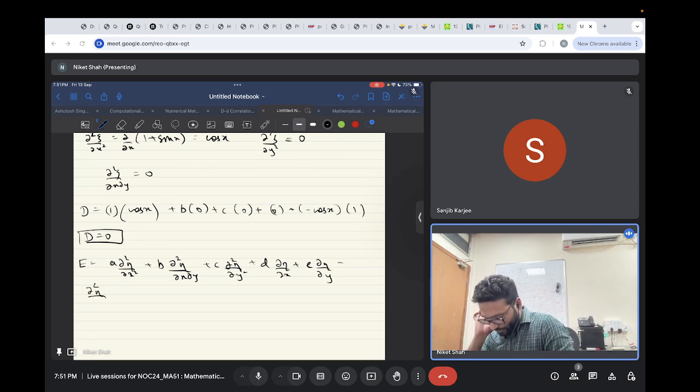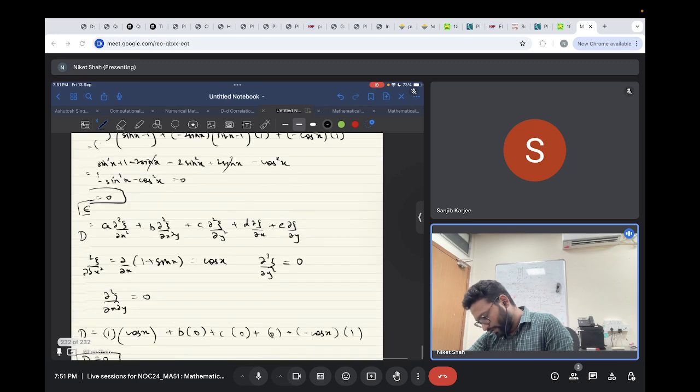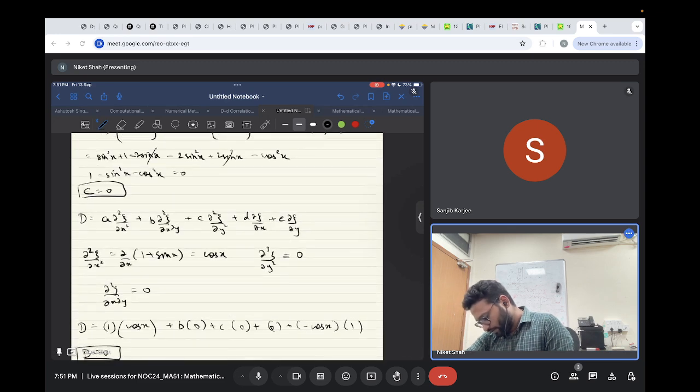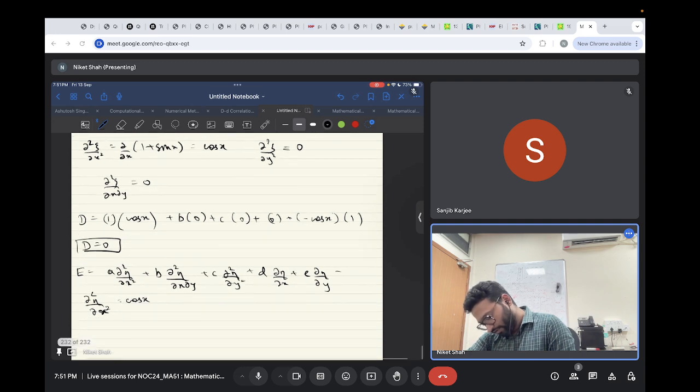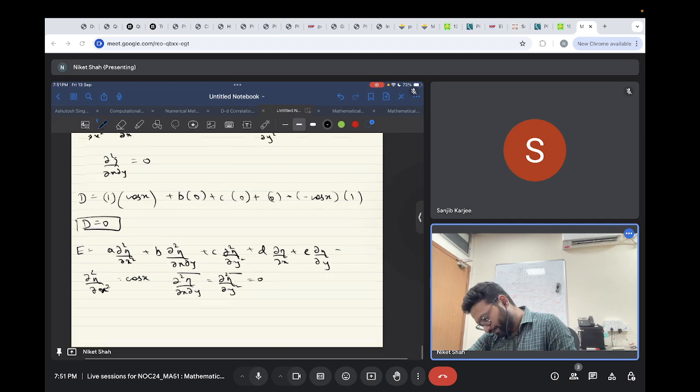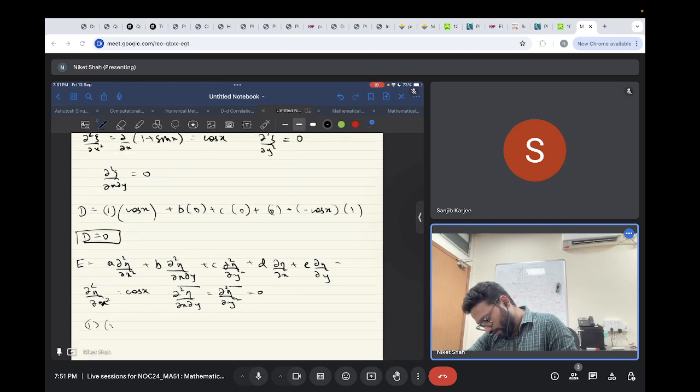Del square eta by del x square is sin x minus 1 it was. So this becomes cos x again, and other terms are 0. Del square eta by del x del y is equal to del square eta by del y square is equal to 0. Okay, so 1 into cos x.